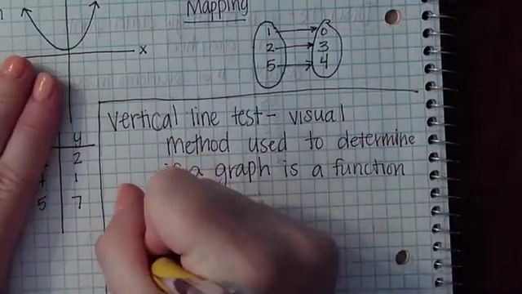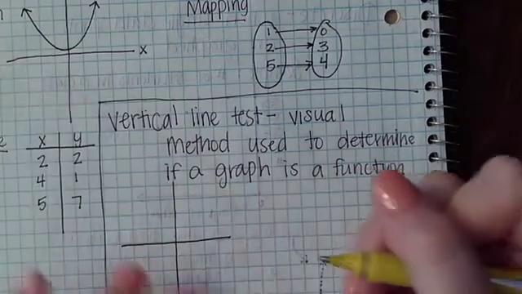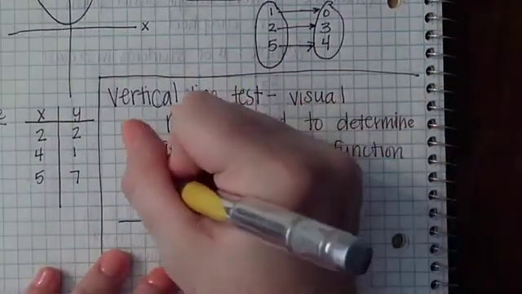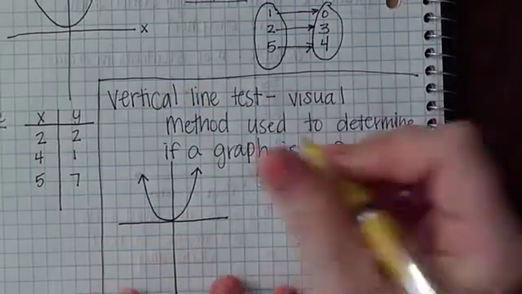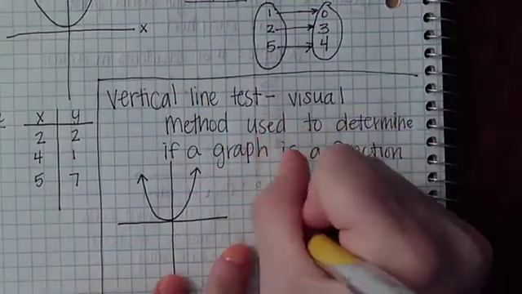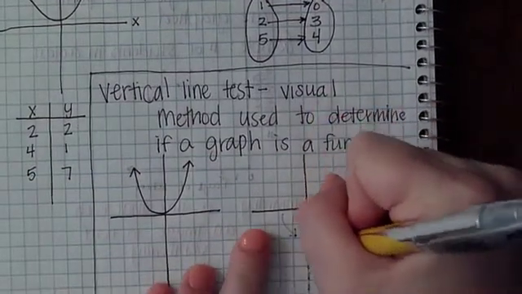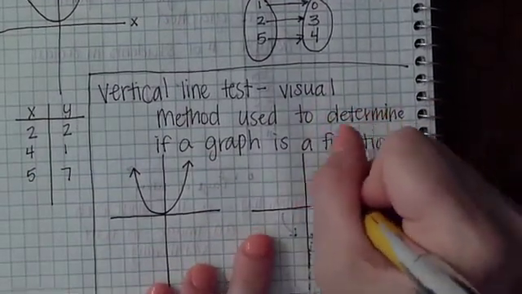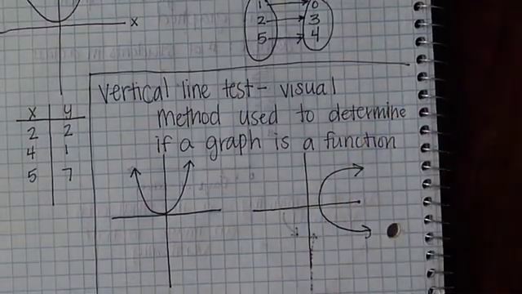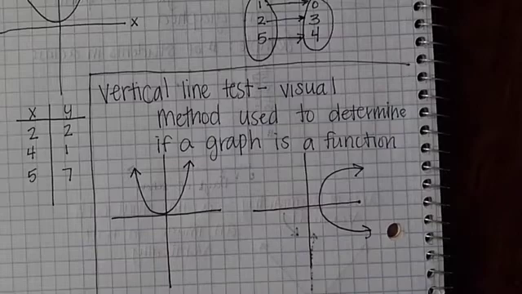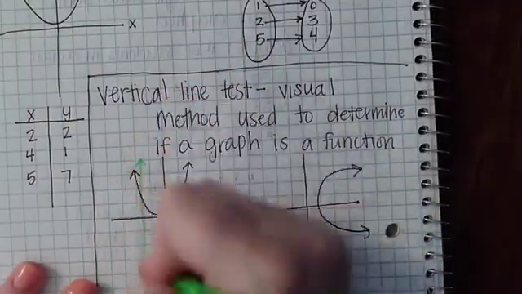So if we have a graph, I'm not going to make that mistake again where I don't use the lines. So this one, let me draw the non-function. So if you notice, if I can draw a vertical line everywhere on the line that's drawn, so here's my vertical line.